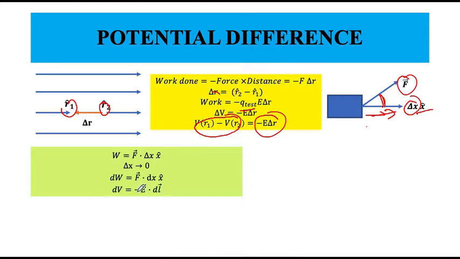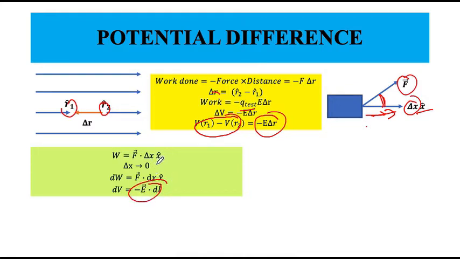Now with the same analogy, with respect to the electric field, we can write that the differential amount of voltage between 2 points, if I move a distance along dx, is actually minus E dot dl.